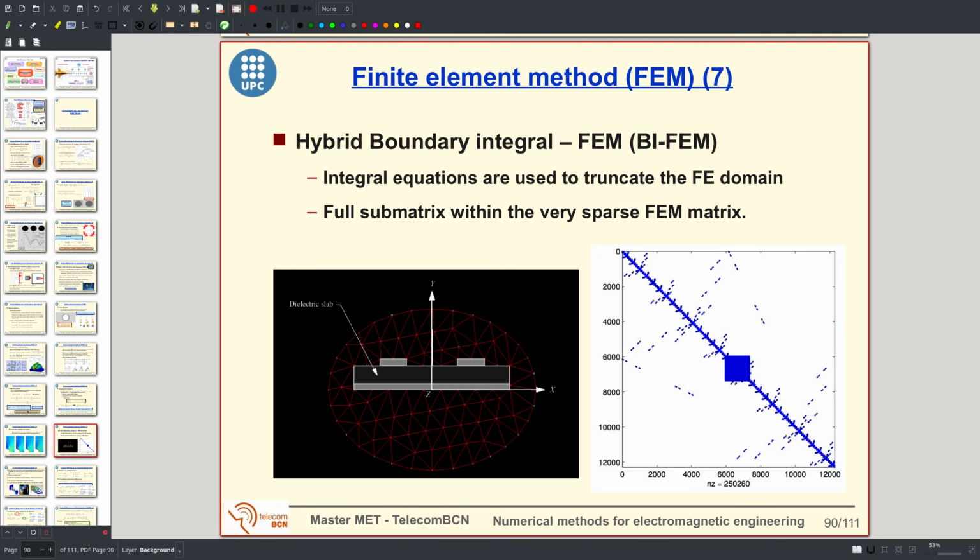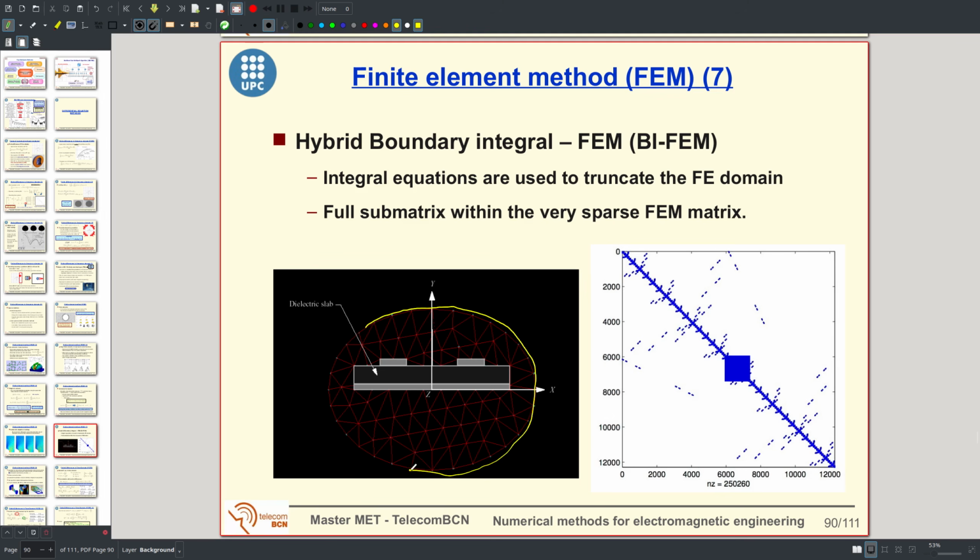Well, an important issue is that, of course, the finite element method, since it is a differential equation method that needs a volume discretization, it needs a truncation boundary condition, the same as the finite difference method.